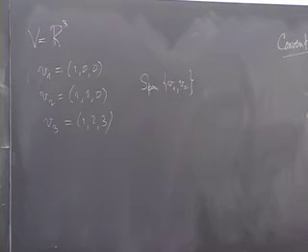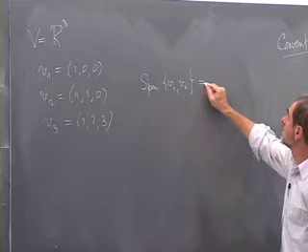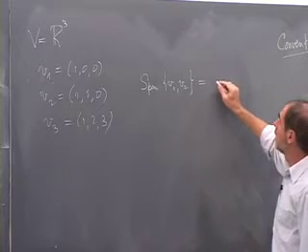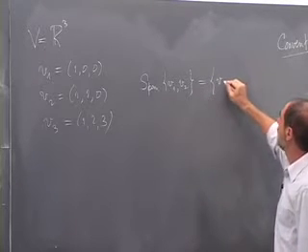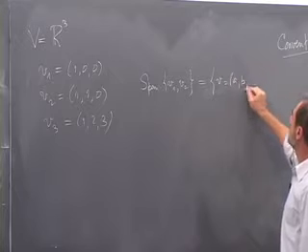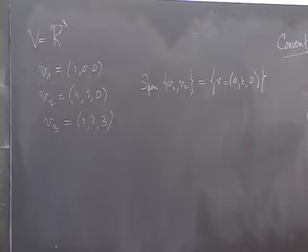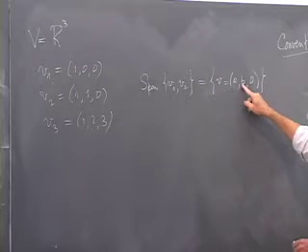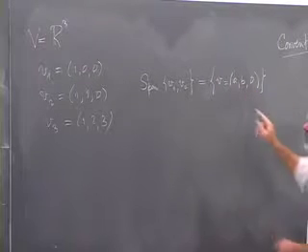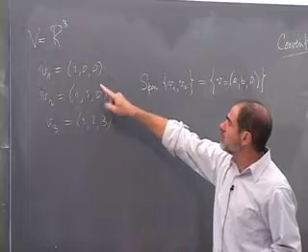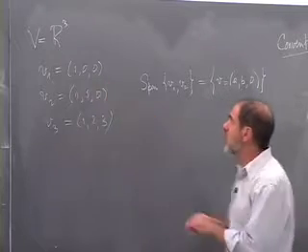Well, I claim that's all vectors of the form V equals A, B, 0. Because if I want to get this vector, it would be B times this vector plus A minus B times that vector.